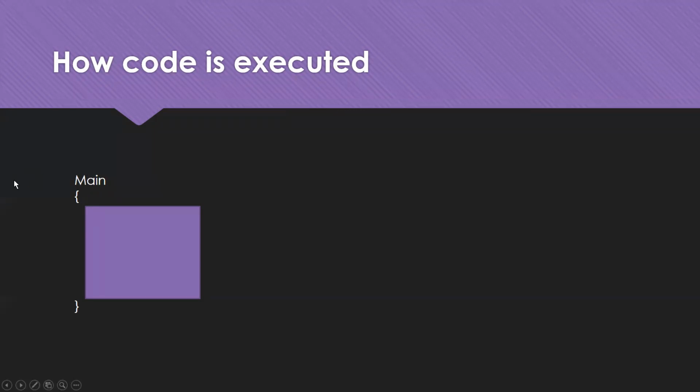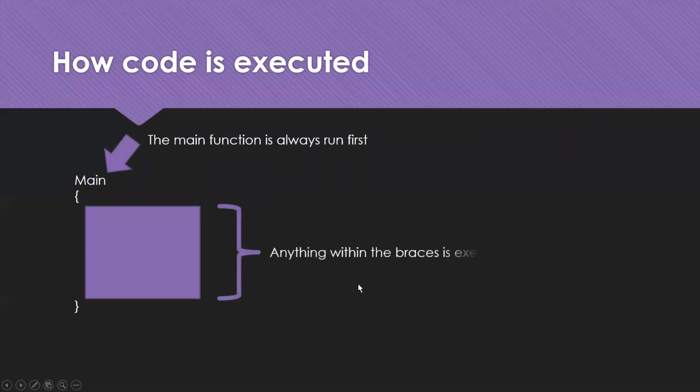To make things clear, we write main over here. That's the name of the function, and within the braces, whatever the code is, it is executed. So the main function always runs first, and anything within these braces is executed.